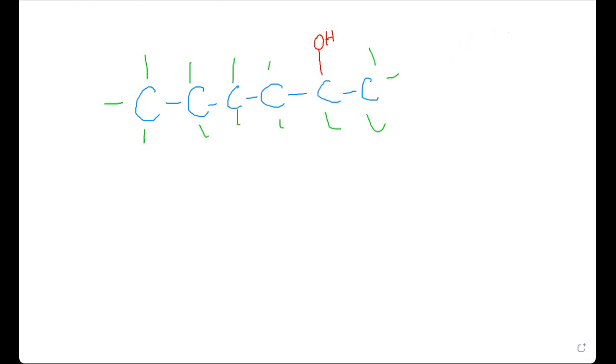The structural formula will be, let me show you, CH3, CH2, CH2, then CH2, then CH in bracket OH, then CH3. This will be your structural formula. Is it clear to you?